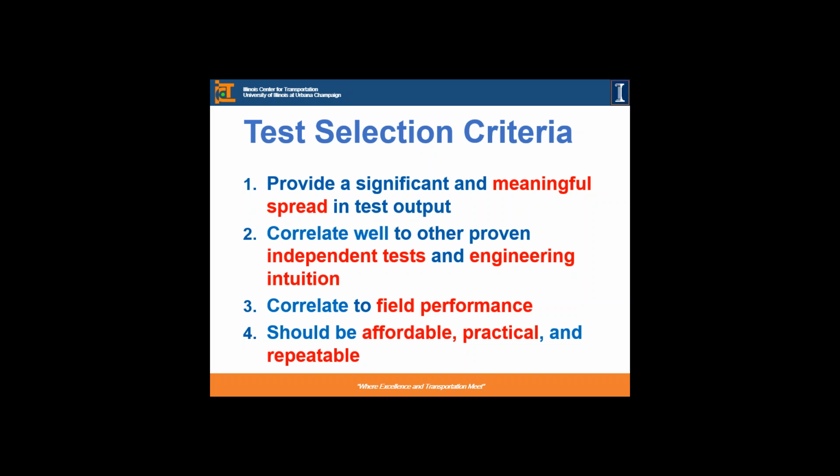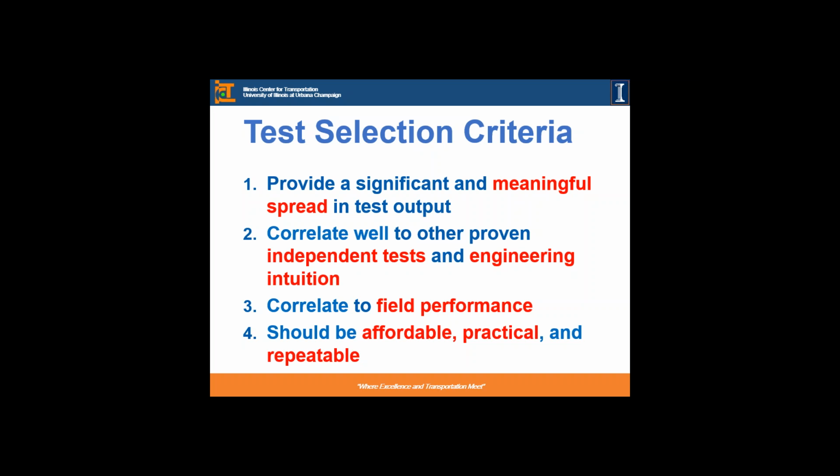And we want this test to correlate to other proven independent tests and also our engineering intuitions. We want this test to correlate to field performance. It's very critical. And we also want this test to be affordable, practical, and repeatable. Keep that in mind. We want this test to be used by contractors and consulting labs, not just the research labs. So these are the 4 criteria.